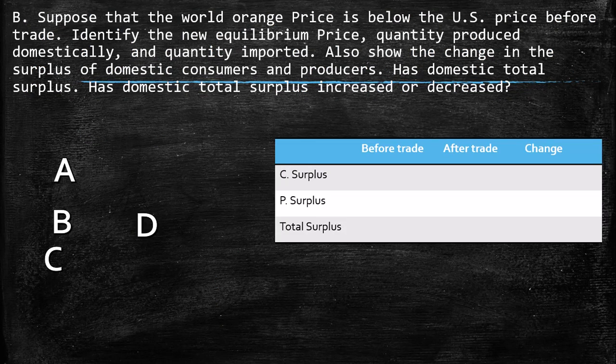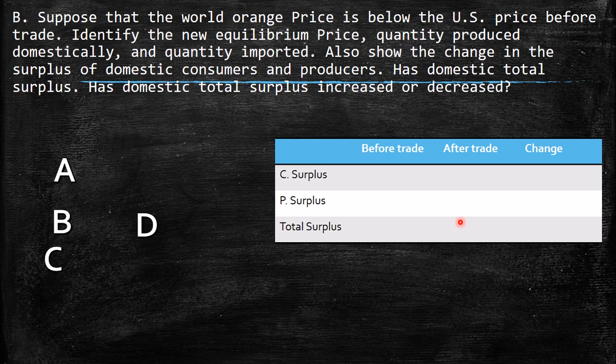Okay, so B says, suppose that the world orange price is below the U.S. price before trade. What does it mean? Remember, we have to have this concept really clear. When the price is below the U.S. price, it means that internationally the price is lower. So it's better to buy from the international market, given that the price is lower.